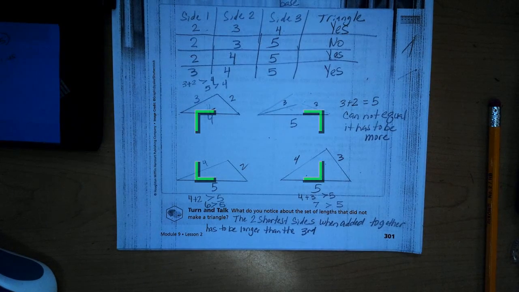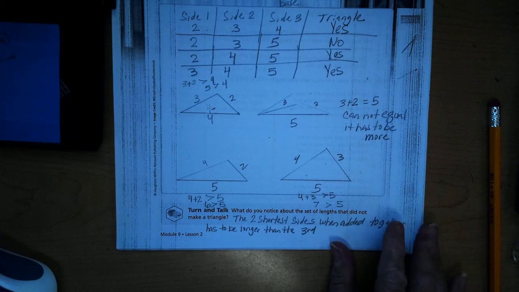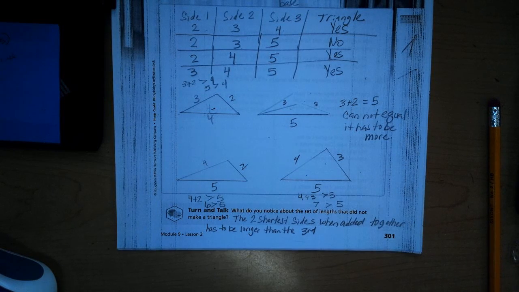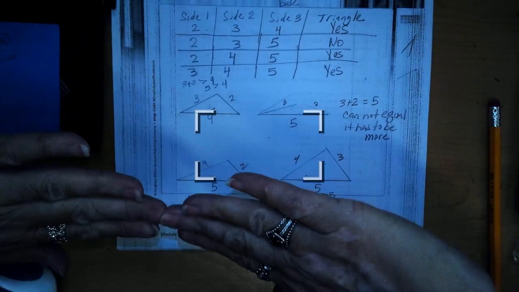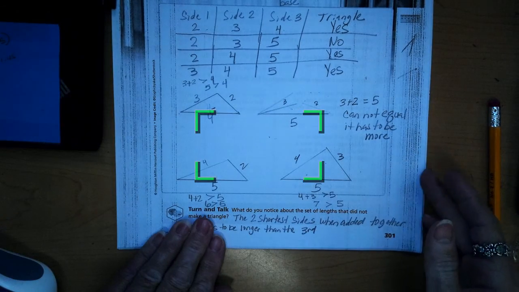So it gives me a straight line. It will never create a triangle. It will only create a straight line. No matter how far down you make it, it will just bring them together to form that straight line.